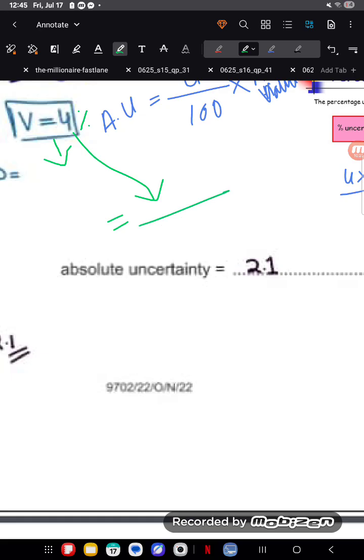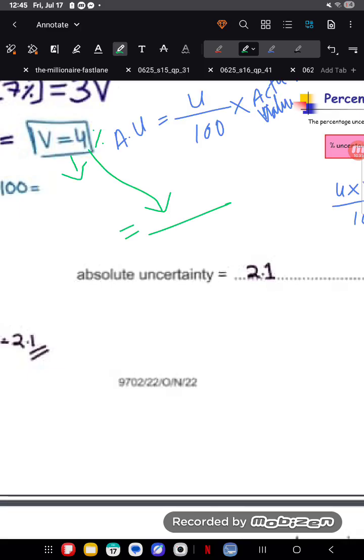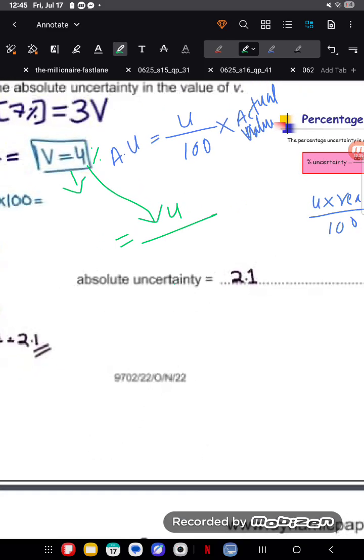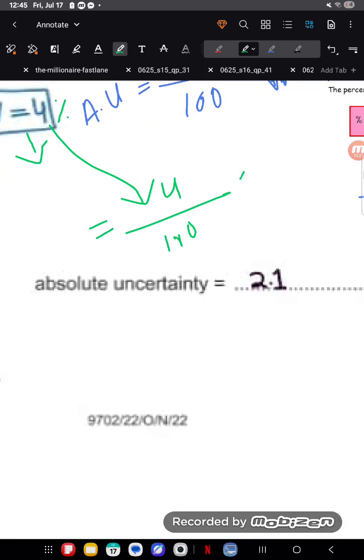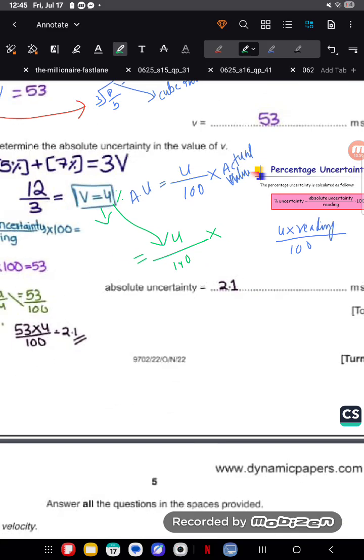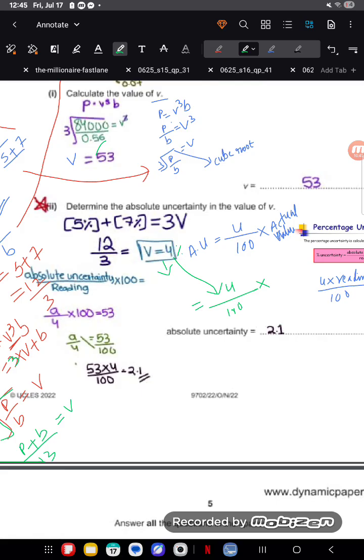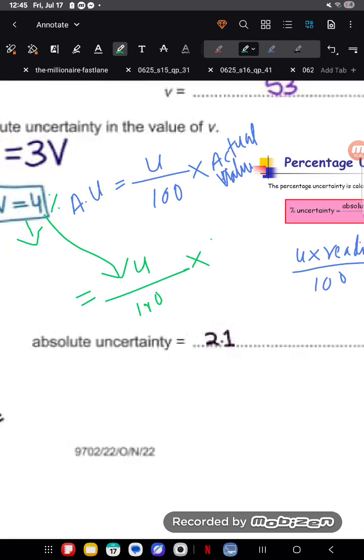So in order to get absolute uncertainty, you should know first the percentage uncertainty. So absolute uncertainty we are putting here, divided by 100 and multiplied by what? This actual value. So what is the value of B we got? That is 53, right? So we put 53 here.